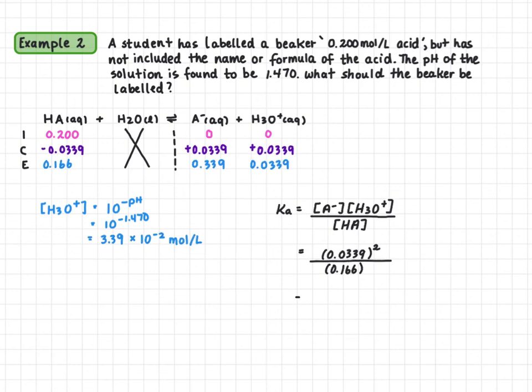That gives us a Ka value of 6.92 times 10 to the negative 3. We can then refer to our acid-base chart to see what this is going to be. If we look, we see 6.9 times 10 to the negative 3 is the Ka value for phosphoric acid.